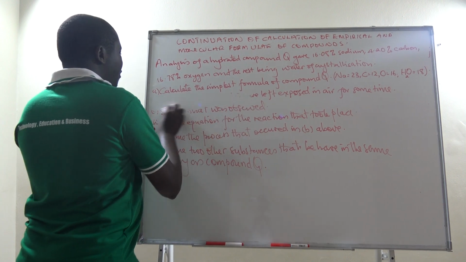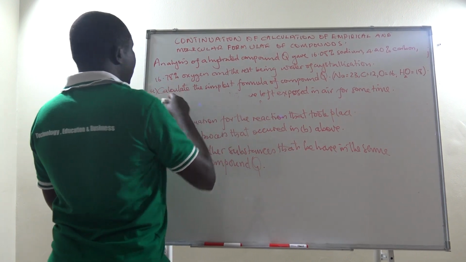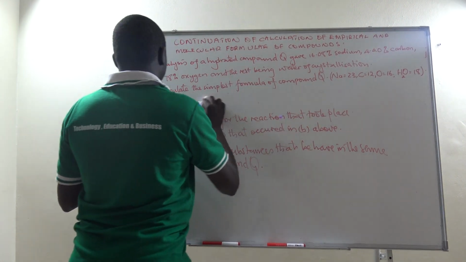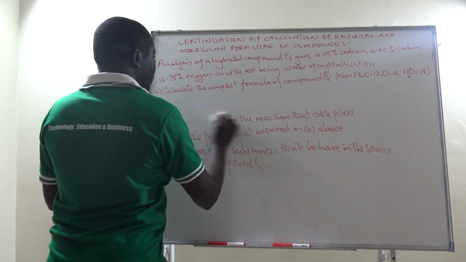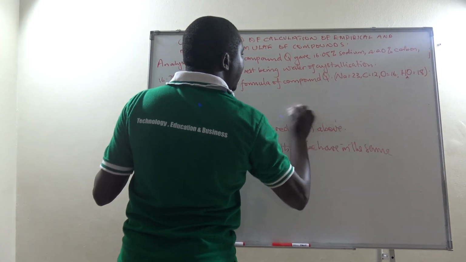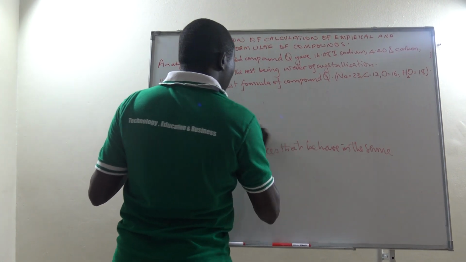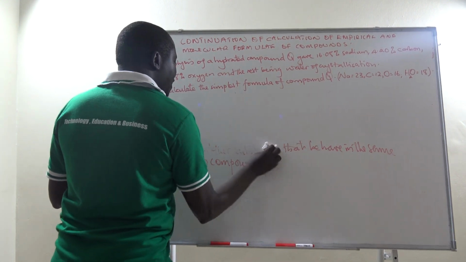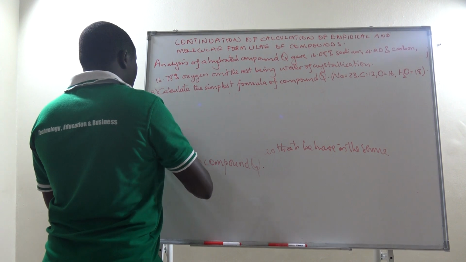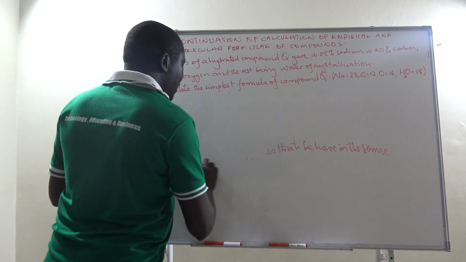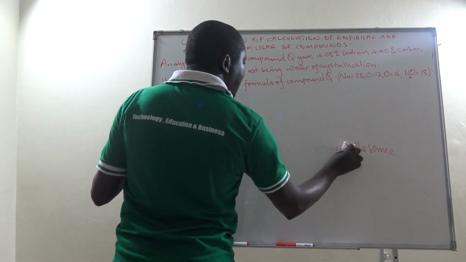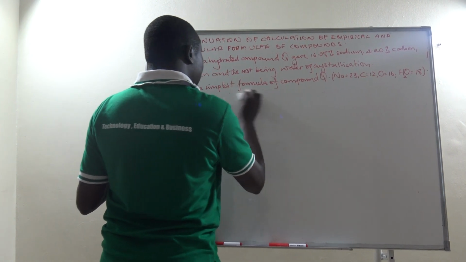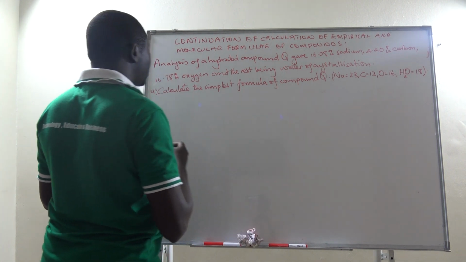Let us not forget the questions that are following this one, part A. So let us calculate the empirical formula of this compound. Now, we can see sodium, carbon, and oxygen, their percentage composition by mass in the compound have been given, but the water of crystallization, in fact, its percentage composition has not been given. So that's what we start with.